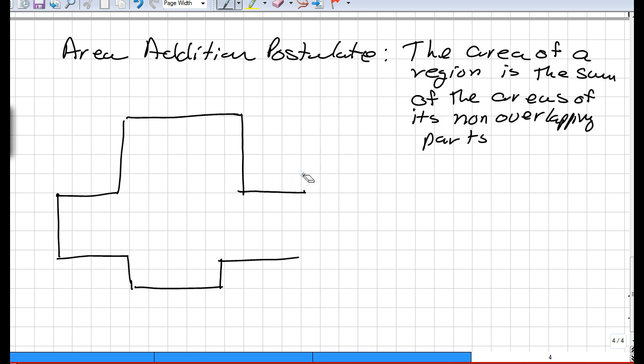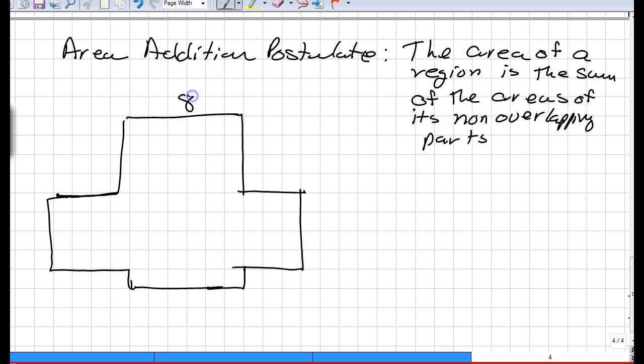Okay, and I really should go all the way down here. Okay, and so let's say this is 8, this is 6, this is 4, this is 4, this is 5, this is 5, this is 8, and this is 2.